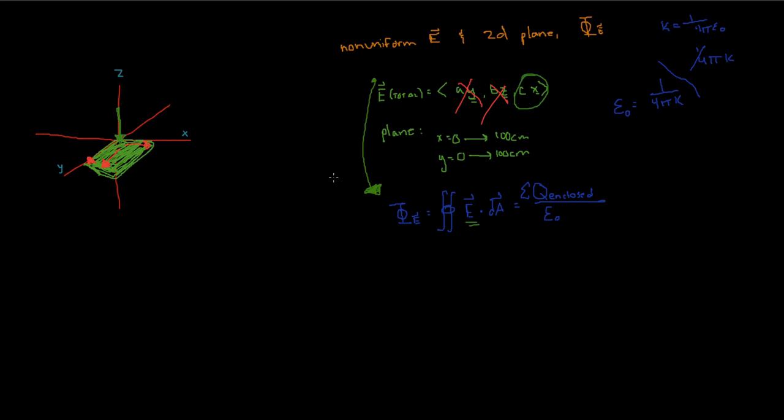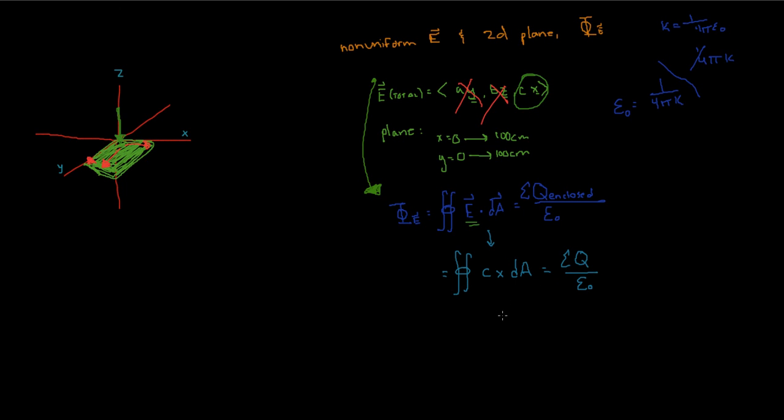So what we can do now is plug this component in as our E field for this equation, because it's the only one that's perpendicular to the plane. And we get the double surface integral of the constant C times the x direction times dA, which still equals all of this. I'll just stop writing the word enclosed because it really doesn't matter.